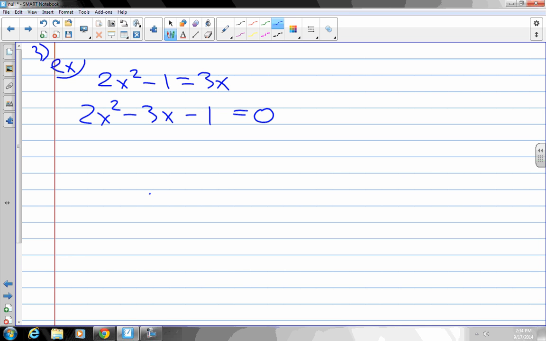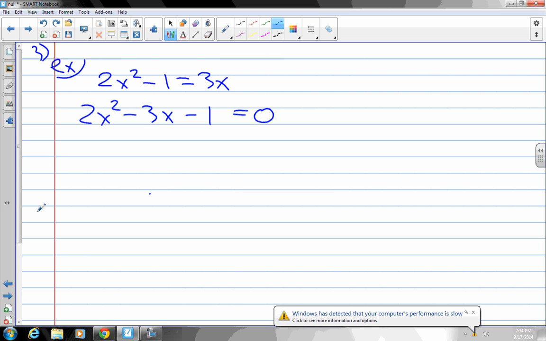This is probably the worst case scenario of all the problems that you'll see this whole semester. Is that thing factorable? No. Even if you try very hard, you won't be able to factor it.